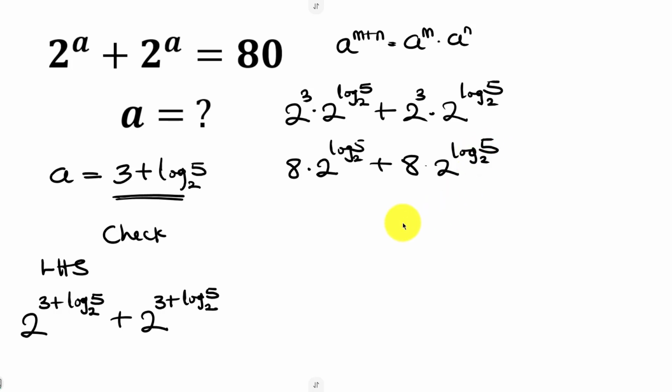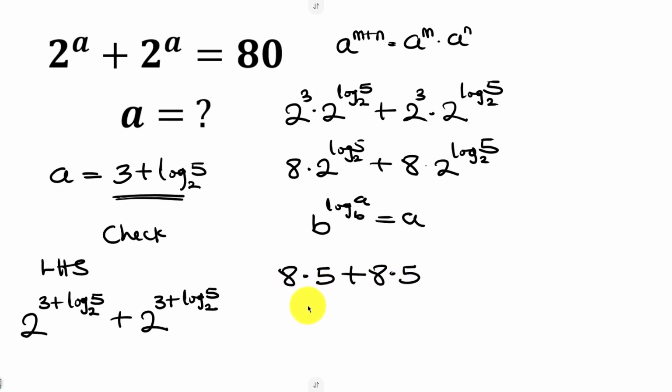Now lastly, we apply the law of logarithm that says that when I have b to the power of log base b of a, this is equal to a. As long as the base here and the base here are the same, a becomes the result. So we have 8 times, now the base here and the base here are the same, 5 becomes the result, plus 8 times, the same thing happens here, 5 becomes the result.